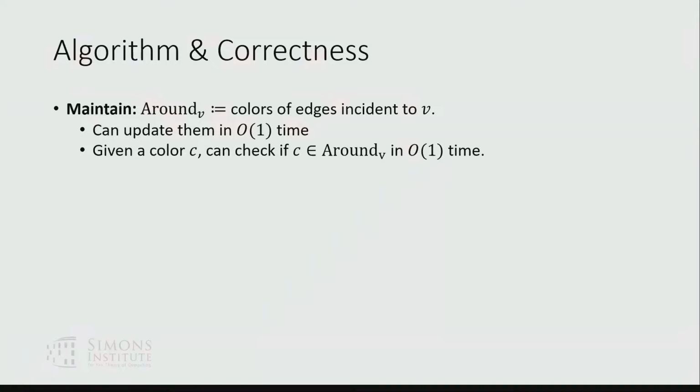And we also want, given a color C, to be able to check whether this color C is in this set in constant time as well. To implement this in constant time, you can use an array. If you don't care about constant time, you can use a binary search tree and pay log n. That's not the point here.